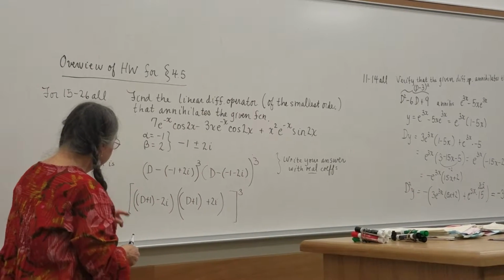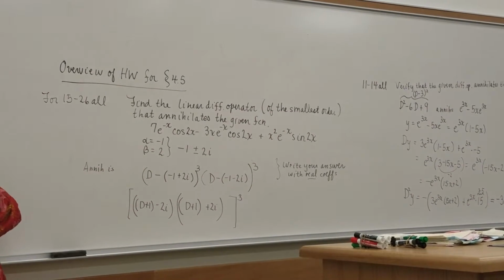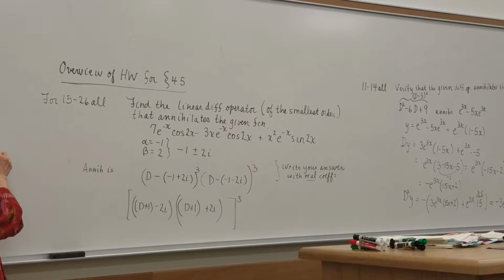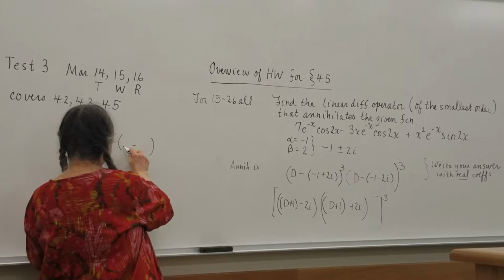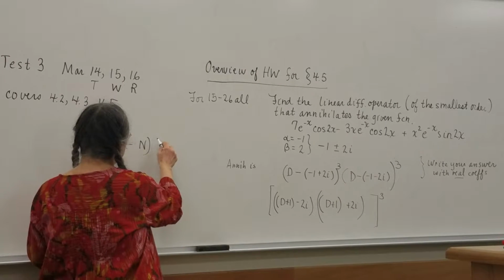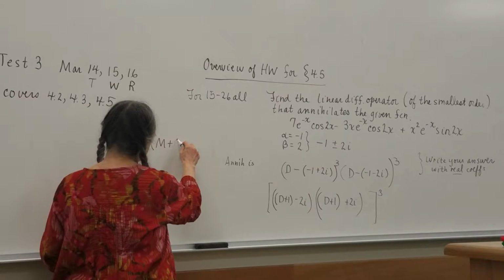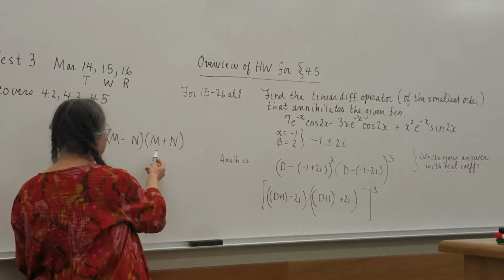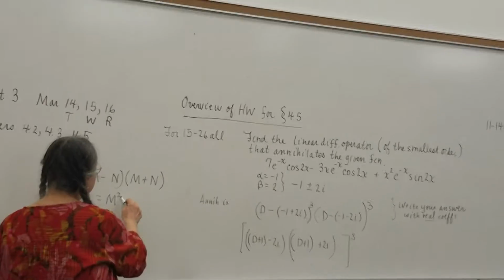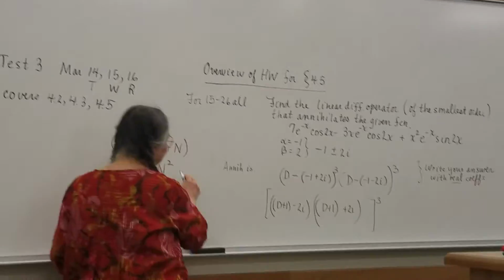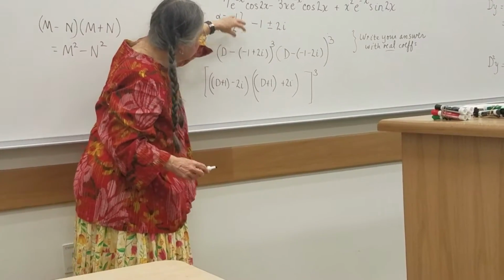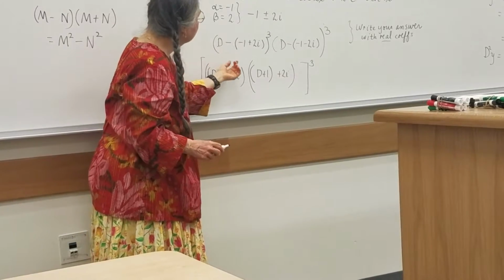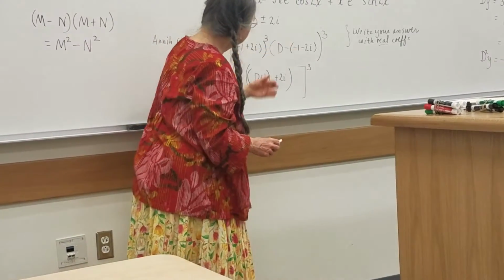Let me use M's and N's: when you do M minus N times M plus N, that's the factorization for the difference of two squares. You don't want to take these triples and multiply them together.